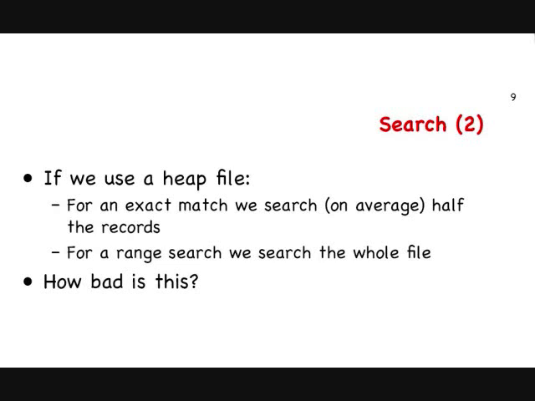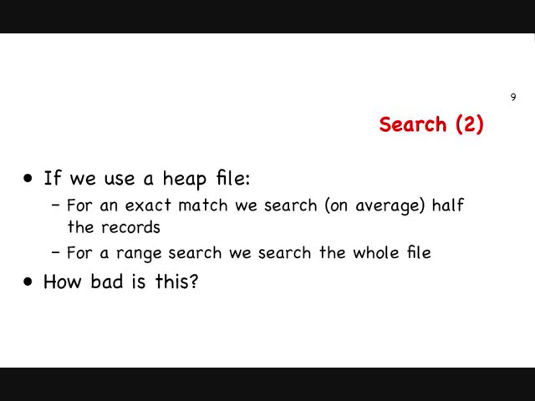So there's no organisation except the order in which things are written to the file, which as far as we're concerned is some arbitrary, random, completely unhelpful order. If we want a file like this, in order to find something in it, on average we have to search half the file to find one thing, knowing that it's unique.